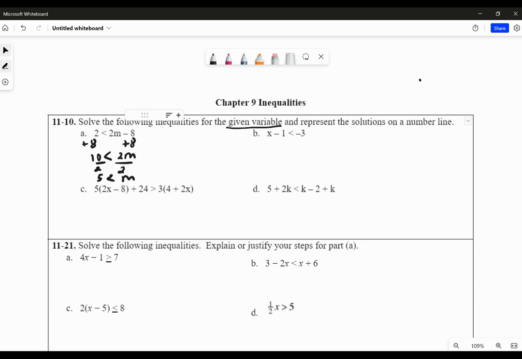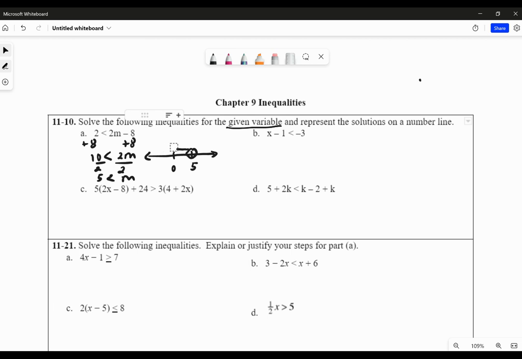Now I'm going to actually have to write a number line. I'm going to make a quick one right here. Here is 0. Here is 5. Notice my inequality does not have an equal sign, so I'm going to put a nice open circle because it doesn't include that, but that is my boundary point. And then my arrow is going to go to the left, representing all the numbers on the number line. Oh, actually, I did that one wrong.